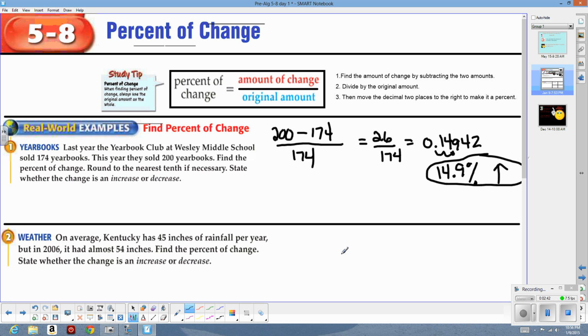State whether the change is an increase or decrease. So we're going to subtract the two amounts, the big one minus the small one, and compare that to the original, or in this case the average. The average rainfall was 45. So 54 minus 45, that equals 9. And then we're going to divide that by 45.